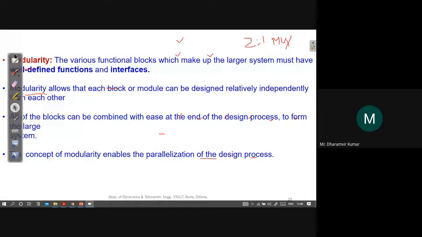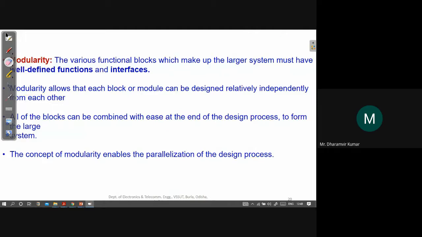Then the next concept is about making the design go parallel. This is called the modularity principle. It says that the various functional blocks which make up the larger system must have well-defined functions and interfaces.